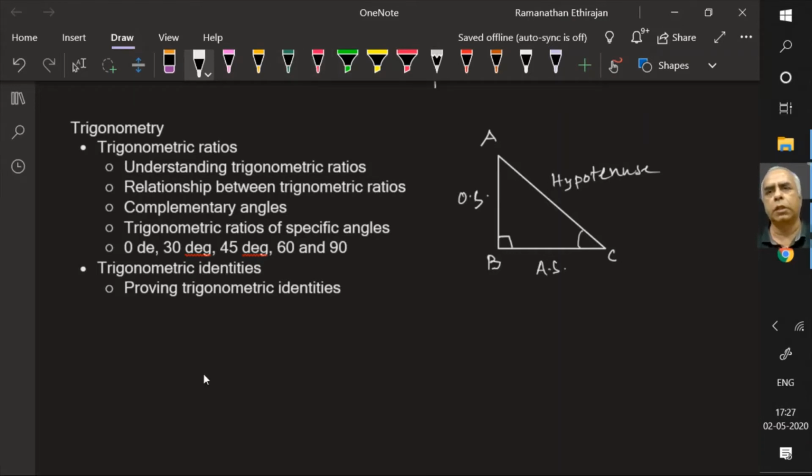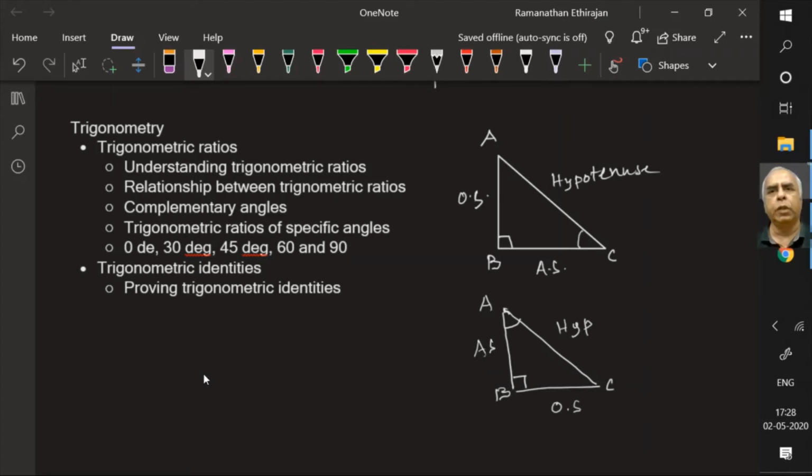Let us consider another triangle, the same thing, where we consider A as the angle. Now for this angle, the opposite side is BC. Hypotenuse is not going to change. And the side adjacent to the angle A is called the adjacent side.